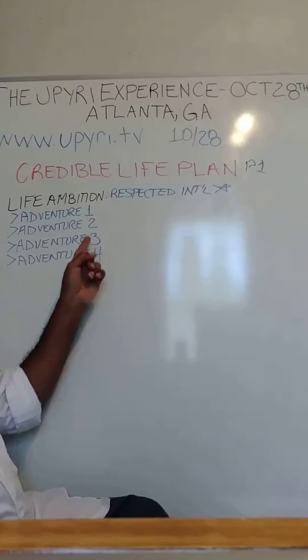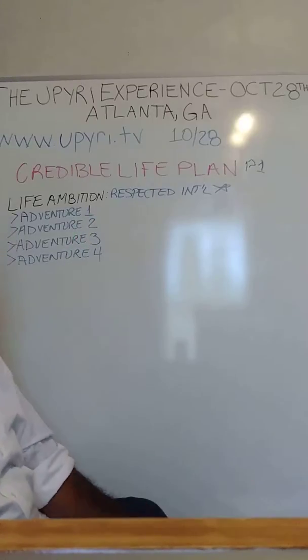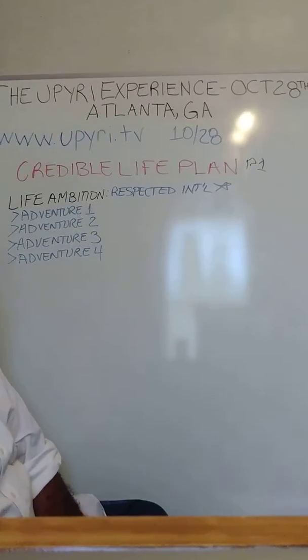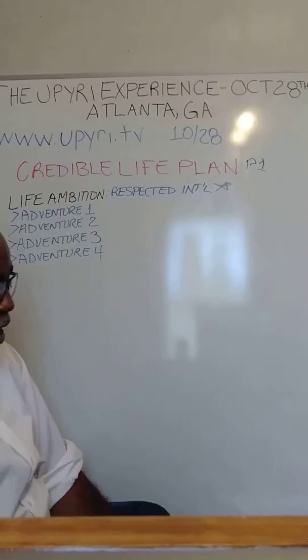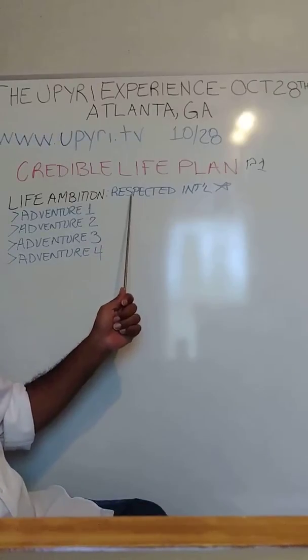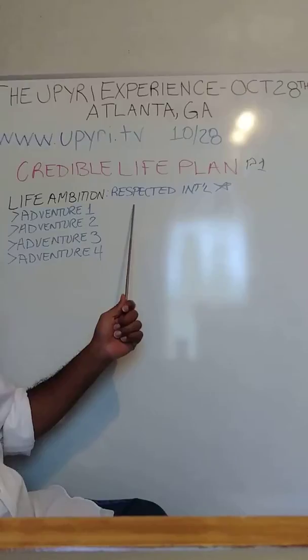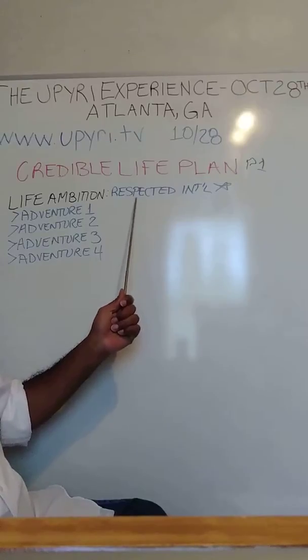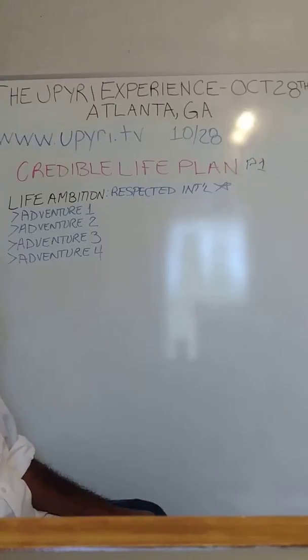So there should be 4 things that need to be acquired before your protagonist, and antagonist by the way, because you're doing this for both of them, can achieve their life ambition.